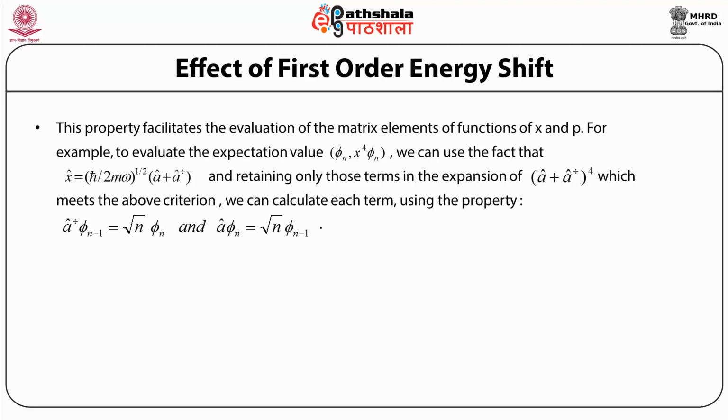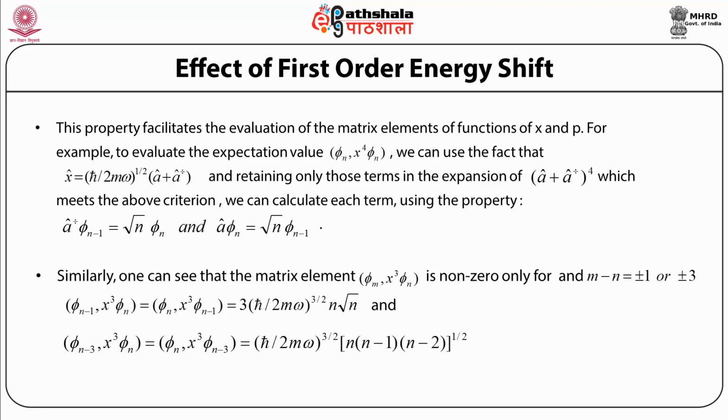We can calculate each term using the property a dagger phi n minus 1 equals square root of n phi n, and a phi n equals square root of n phi n minus 1. We thus get the result given above in 28.16.